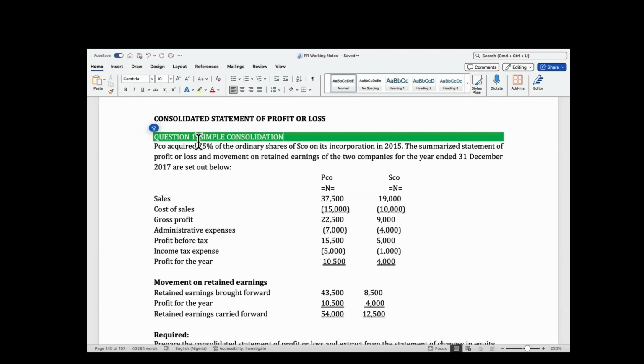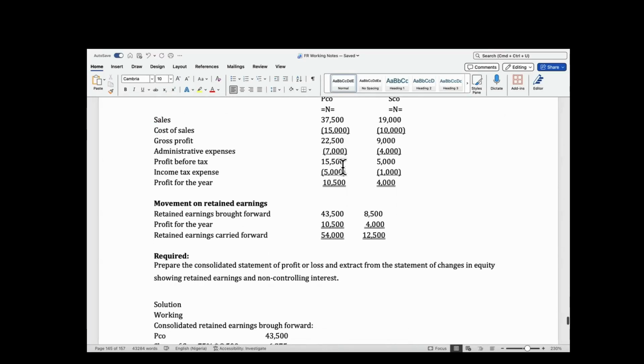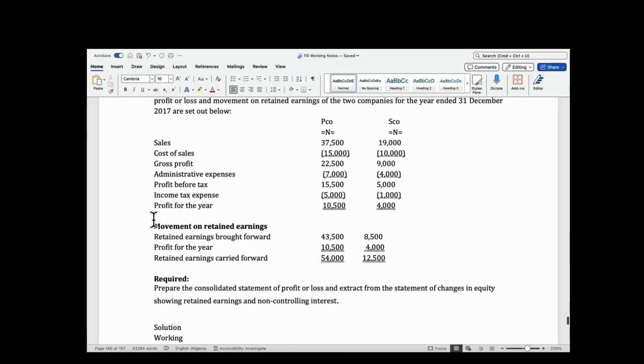The summarized statement of profit or loss and movement on retained earnings of the two companies for the year ended 31st December 2017 are set out below. We're given the statements of the parent, PICO, and ESCO. We're also given the movement on retained earnings.